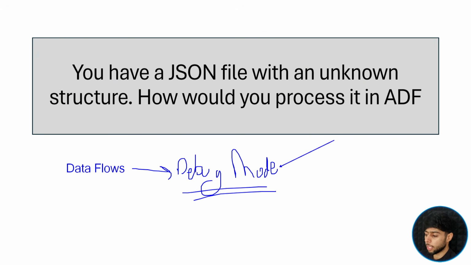You can turn on the debug mode and use a transformation called flatten. Apply the flatten transformation on your JSON file, and it will give you the columns which are embedded within that JSON file. It will be really easy when you are actually seeing those columns in front of your eyes. So yeah, it's good.